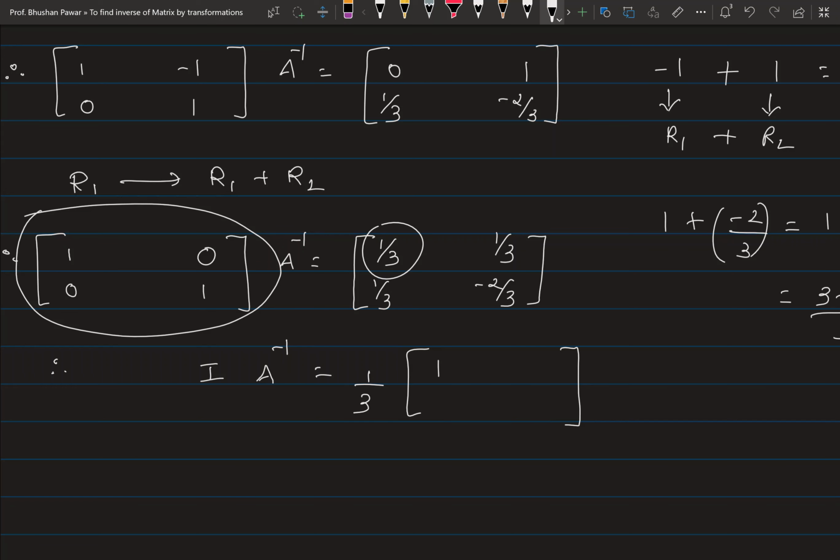On the same line, from this element 1 upon 3 is gone, we are left with 1. Similarly the next, and from this 1 upon 3 is gone, so we are left with minus 2. So finally I into A inverse is A inverse. So it is 1 upon 3 times 1, 1, 1, minus 2. Alright. So this is the method to find the inverse of a matrix whose order is 2 by 2.